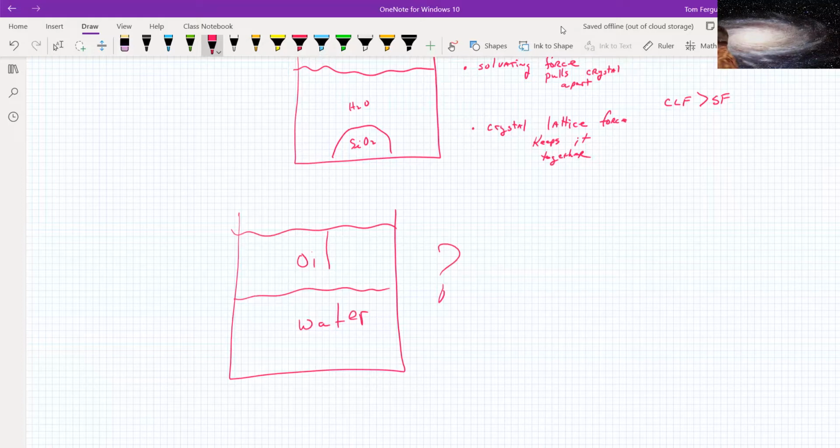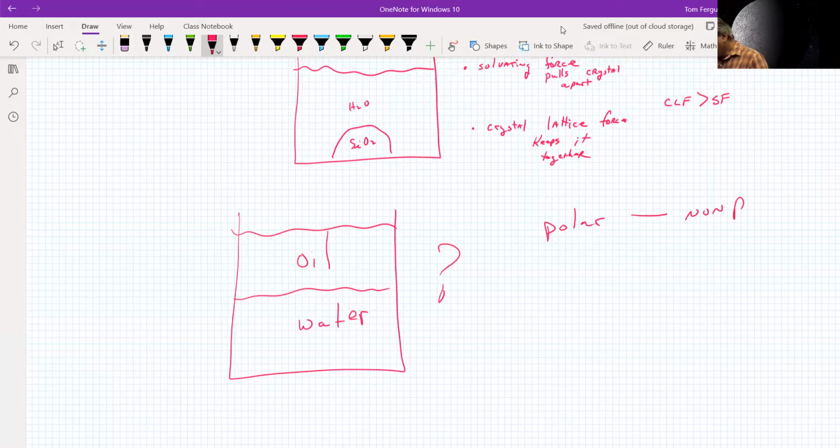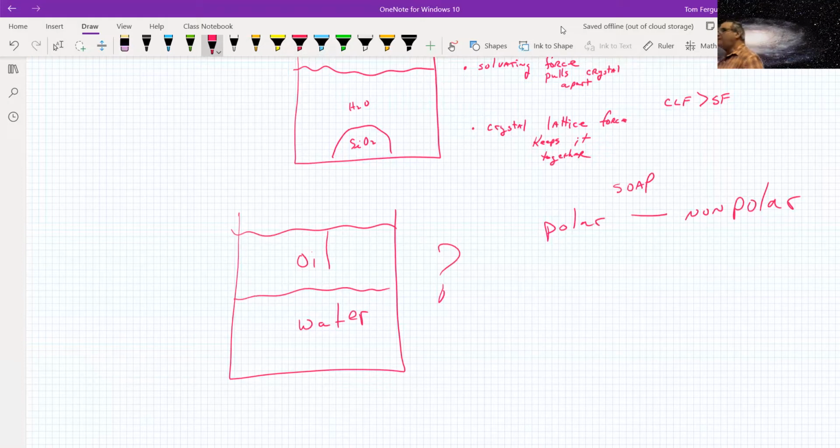Soapy water, right? Okay, so we need something that's got something that's polar in it and something that's non-polar. That's called soap. With soap, I want you to think of glue. It glues an oil molecule to a water molecule.